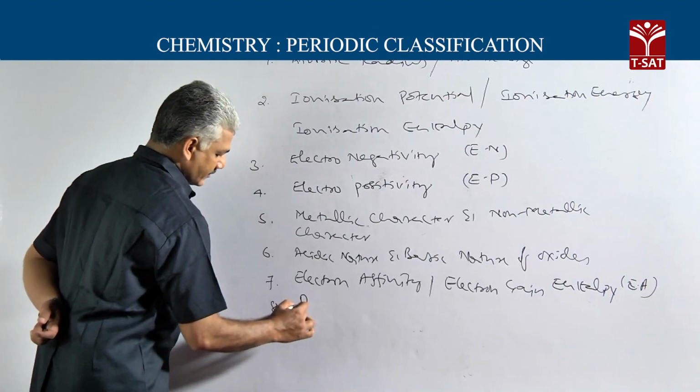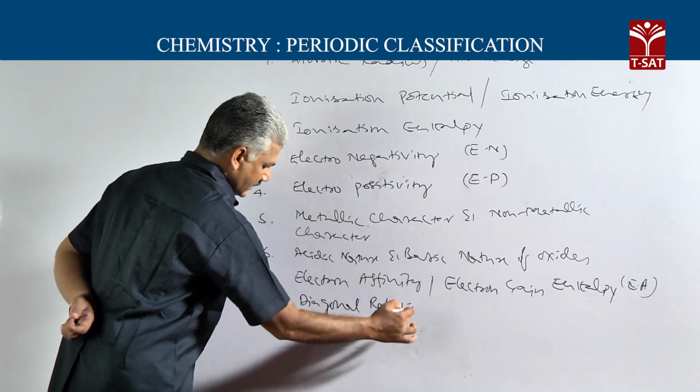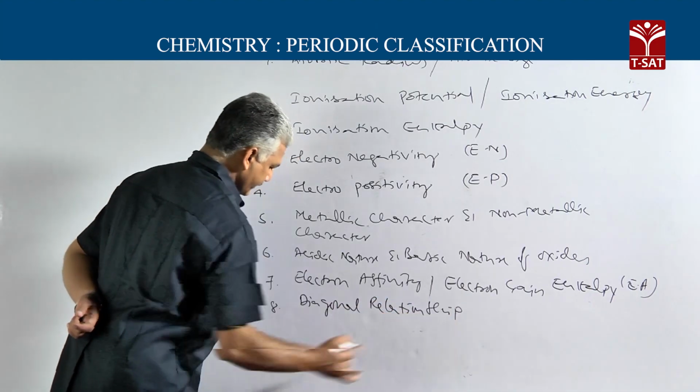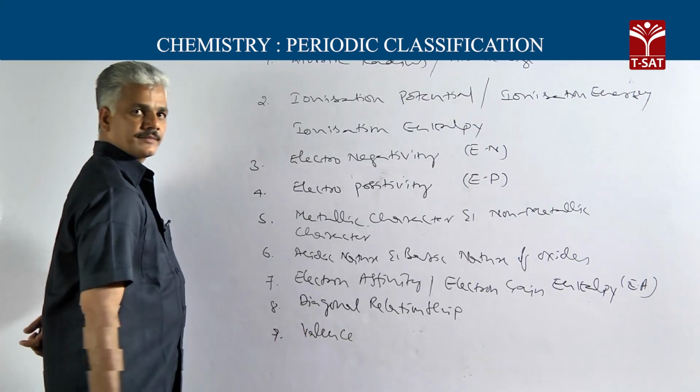Next is diagonal relationship, and the last one is valency.